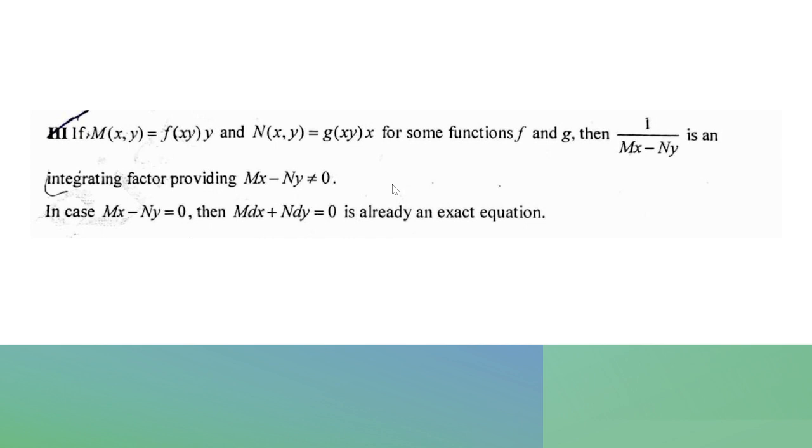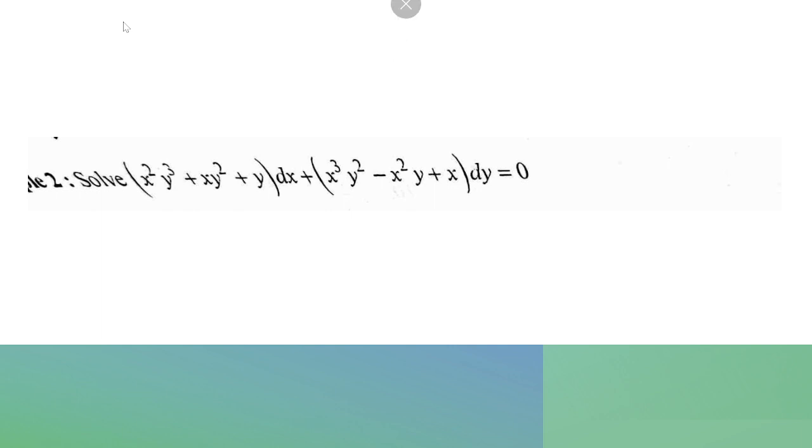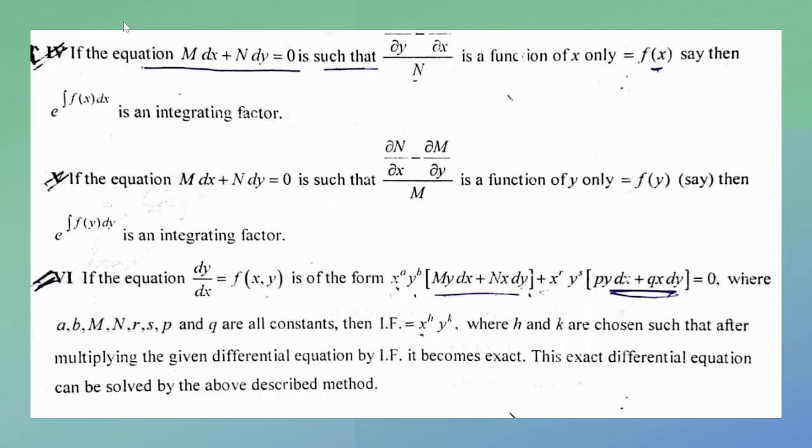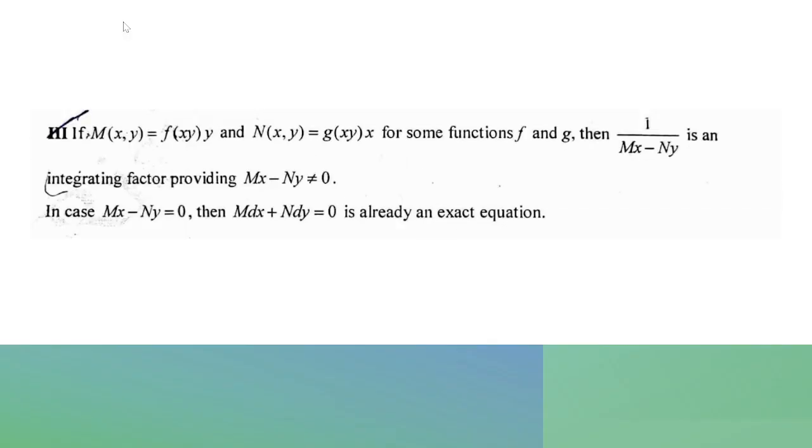In the previous case, we have the expression M dx plus N dy equal to 0, where M is of the form f(xy) into y, a multiple of y, and N is a function of xy which is of the form g(xy) into x, where f and g are some functions.